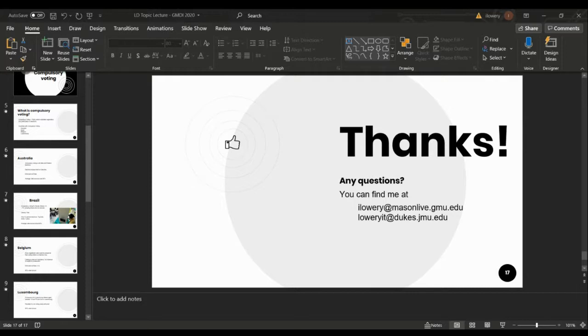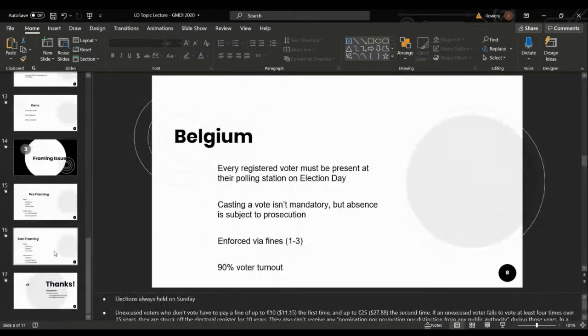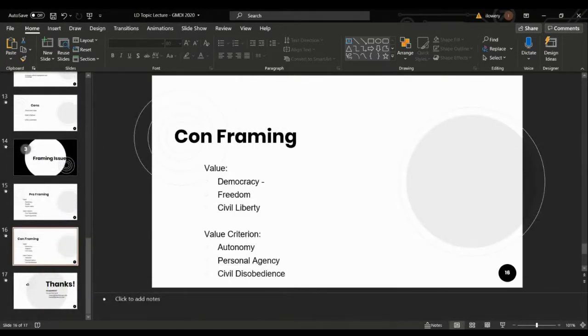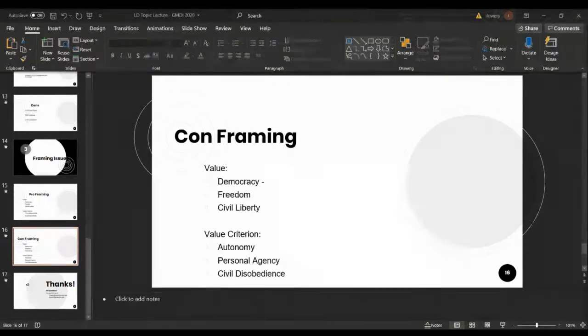Oh, yeah, totally. So a value criterion is basically, let me go to the slide. A value criterion is basically a framing device that you tell the judge how to determine what best meets the value. So if the value is democracy, right, you could argue that your criterion to determine which case, the pro or the con, meets that value is something like giving people individual autonomy, giving people personal agency.